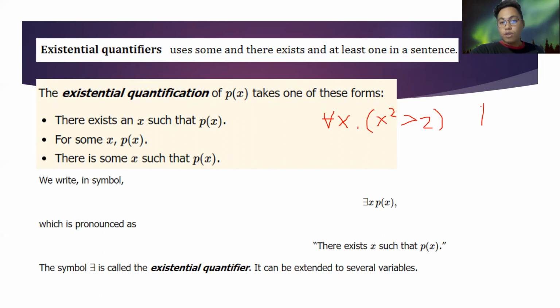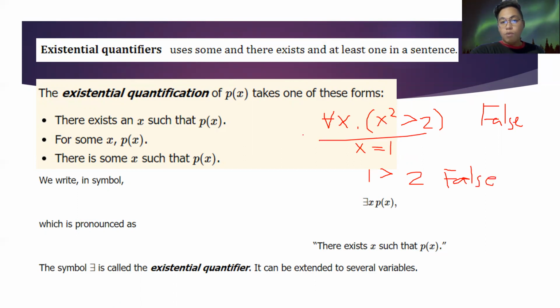Actually, this is false, because if x equals 1 and we square it, we get 1, and 1 is greater than 2 is false. To negate this statement, since it is false, we negate it to make it true. We know that to negate a false statement makes it true.